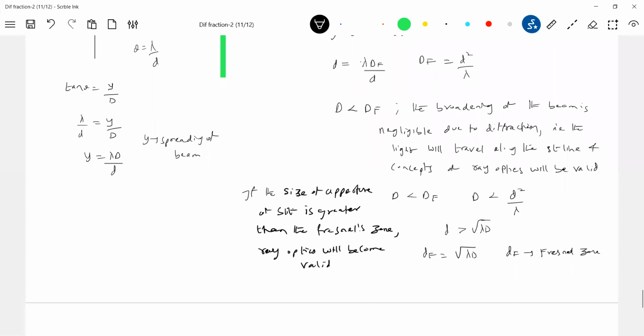So what is the condition? D should be greater than DF. So if you are designing a telescope or microscope, you have to take care of these things. Okay, this is about these things.